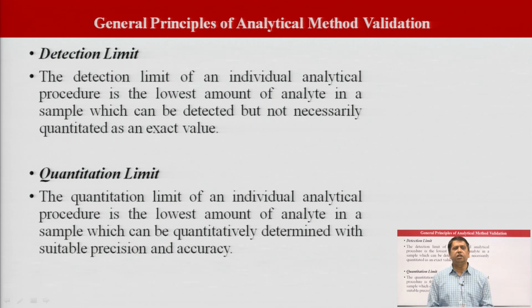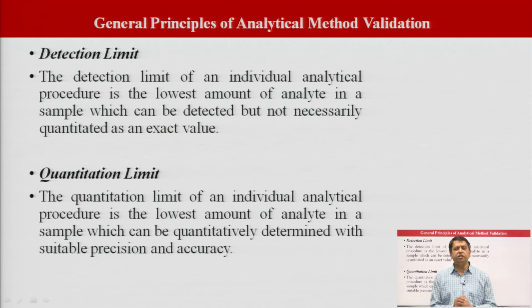The next parameter is the detection limit. So, what is this detection limit? The detection limit of an individual analytical procedure is the lowest amount of analyte in the sample which can be detected, but not necessarily quantitated as an exact value.